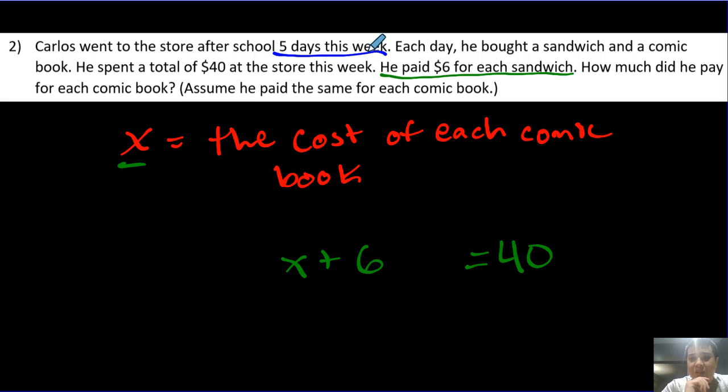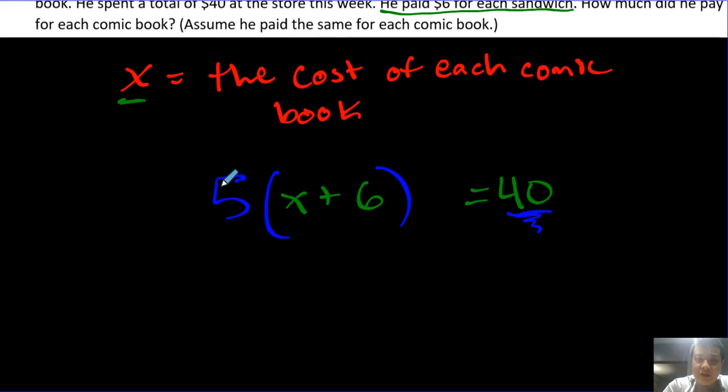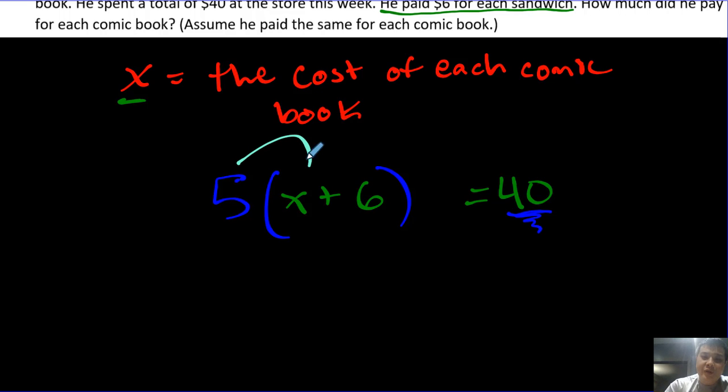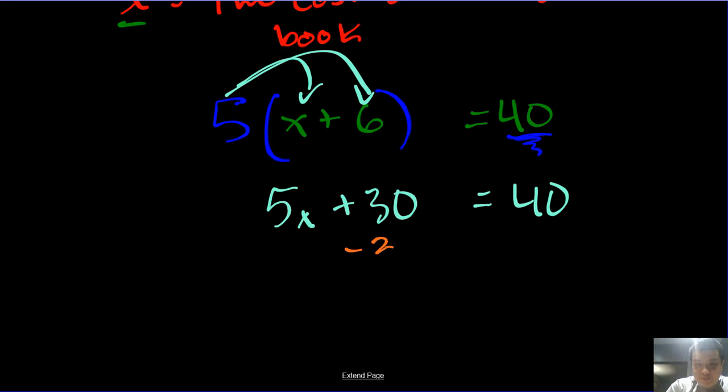And we know that he went there 5 days this week. So in order to represent how much he spent that entire week, we're going to have to multiply that by 5. And we all know that that adds up to $40, because that's how much he spent that week. So each day he spent X plus 6, and he went there 5 days, so we're multiplying that by 5. To solve this, again, we're going to have to distribute: 5x plus 30 equals 40. Then we're going to subtract 30 from both sides.